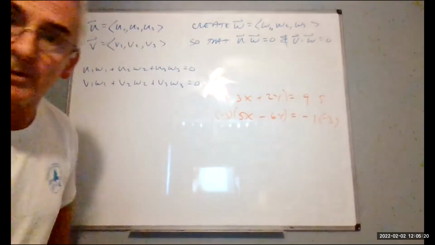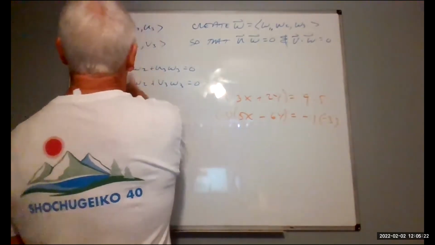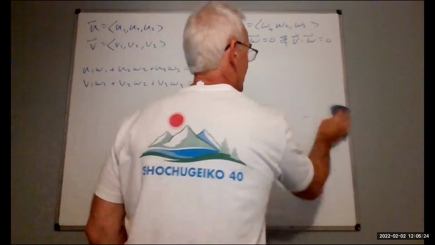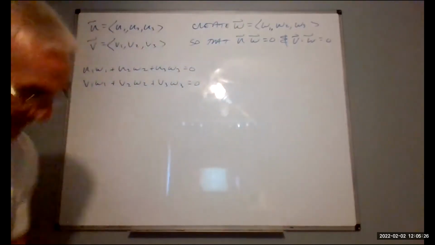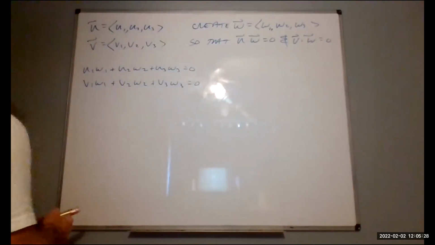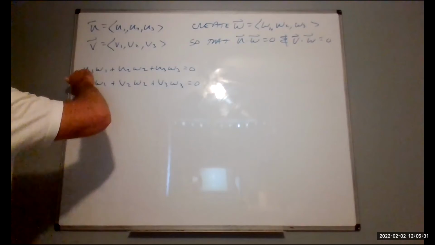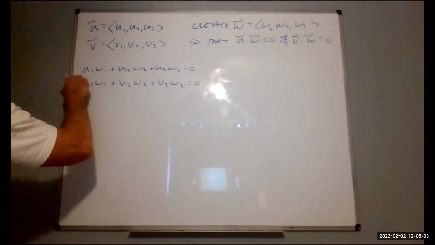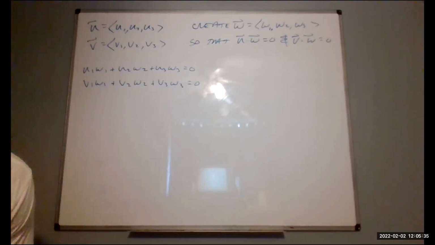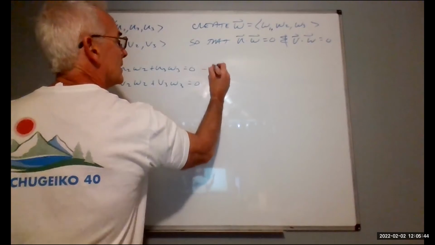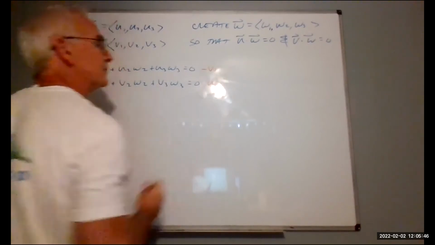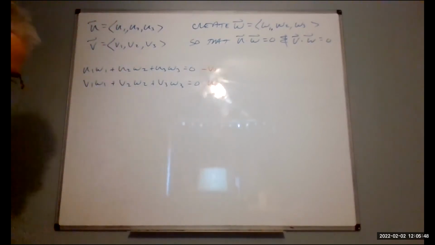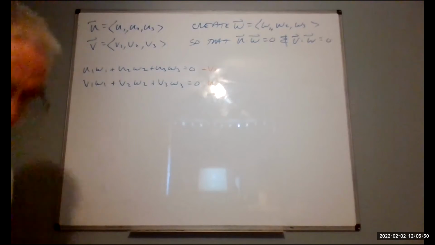Well, that's what I want to do here. In the first, I want to eliminate the W1. So if I want to eliminate the W1, probably the easiest way to do it, let me start by multiplying the top equation by -V1 and the bottom equation by positive U1, okay? Then they will be able to cancel stuff.